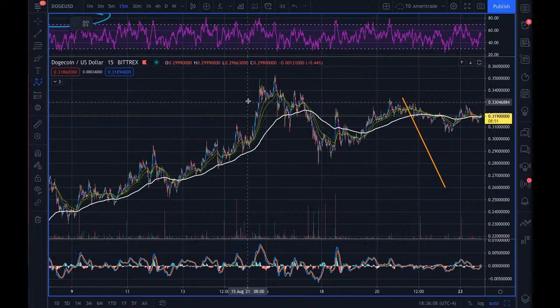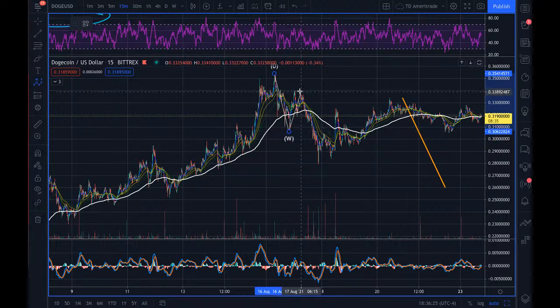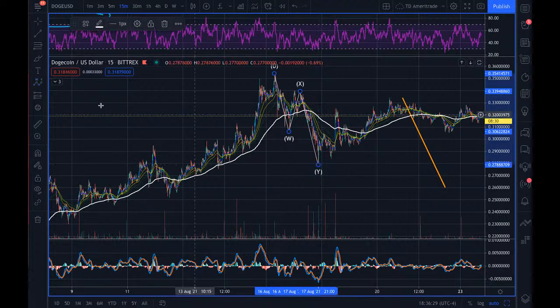If you're watching this in the replay, let me know in the comments what you think. So right here, I saw a 1, 2, 3 waves coming down. Then I saw this 1.